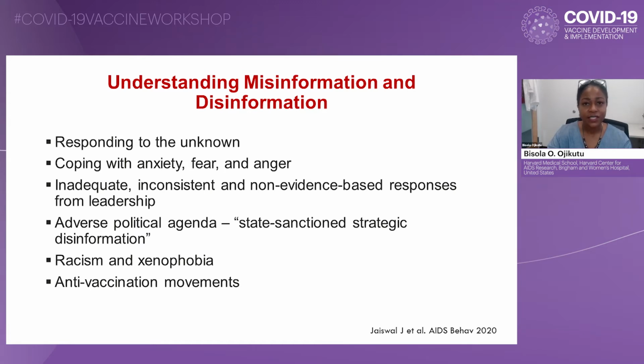Lastly, anti-vaccination movements have existed throughout the world for centuries. The most notable example relates to measles, mumps, and rubella vaccination, and its now debunked link to autism. Whether the origins of anti-vax movements are philosophical, political, or spiritual, they have promoted both misinformation and disinformation to support their cause.